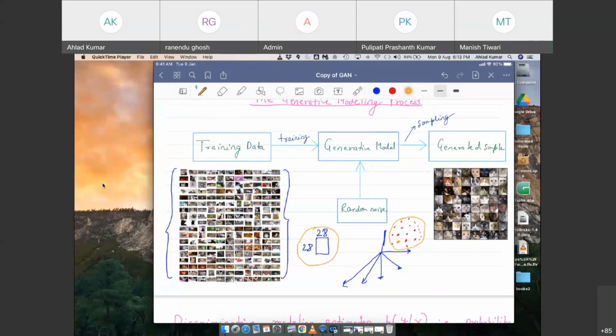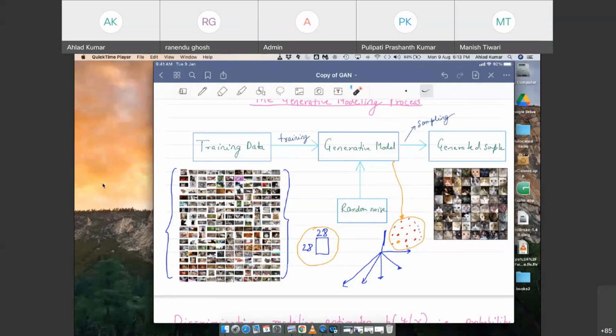So the generative model is trying to come up with this probability distribution, which is actually unknown to you, because you do not know what probability is governing these cat images, which is on the left side. So now when you put a random noise, that random noise will pick up some point within this probability distribution.